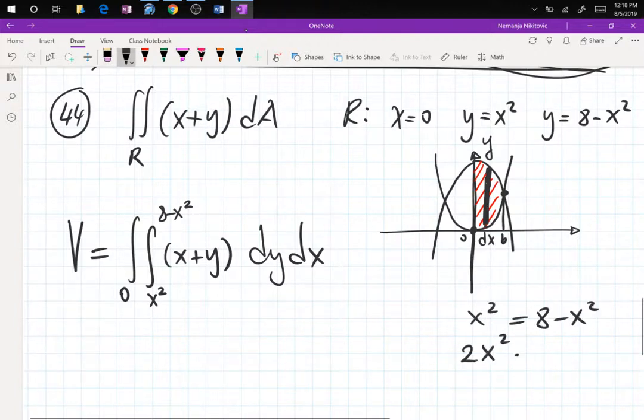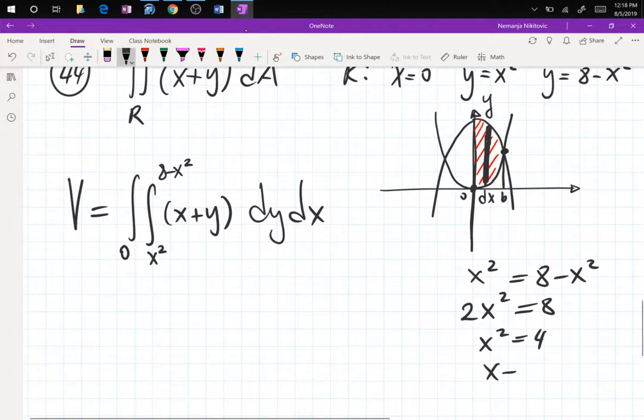So 2x squared is equal to 8, x squared is equal to 4, x equals plus minus 2. Now we just need a positive 2, obviously, because we are only on the right-hand side. So pretty much the same as the area between two curves you dealt with in your Calculus 2 lecture the first day. And now we just need to integrate.